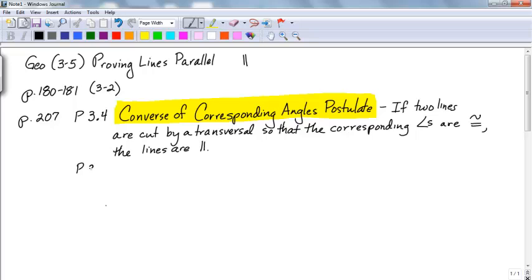Postulate 3.5 is called the parallel postulate.